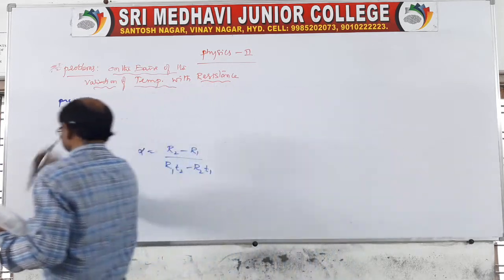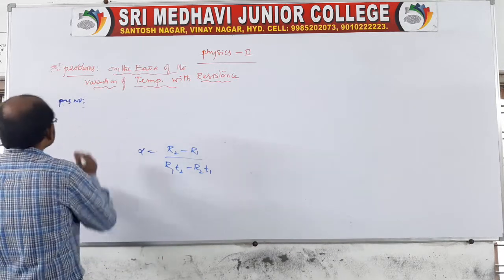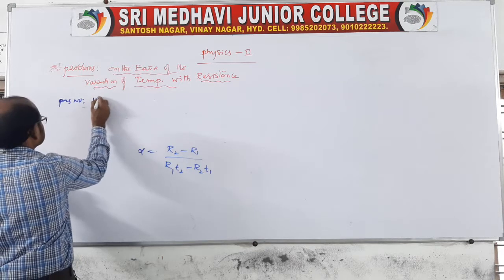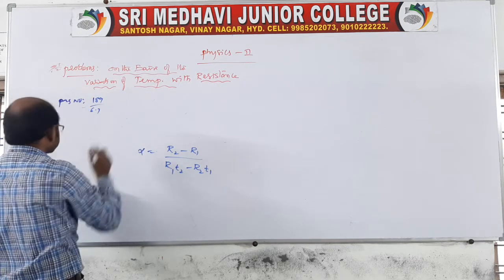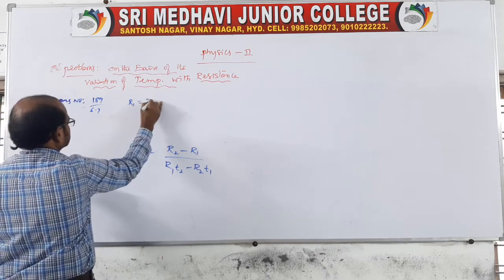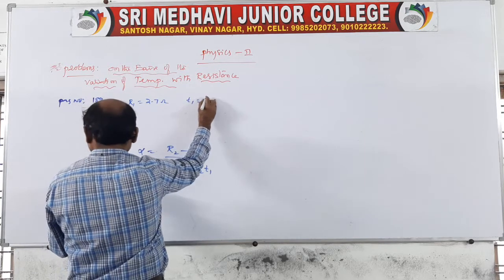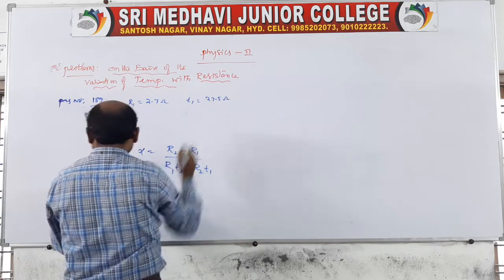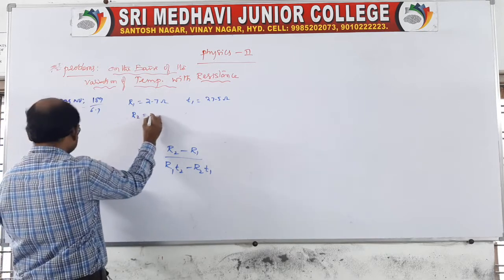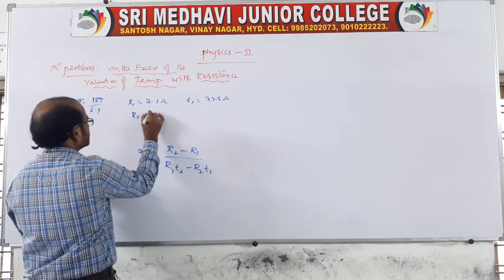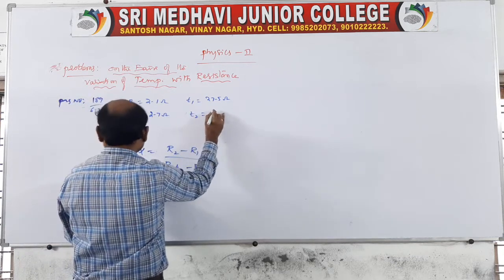Coming to the point, the given is a silver wire, page number same 187, question number 6.7. A silver wire has a resistance. Say R1 is equal to 2.1 ohm at temperature T1 equal to 27.5 degrees, and the resistance R2 is 2.7 ohm at temperature T2 equal to 100 degrees.